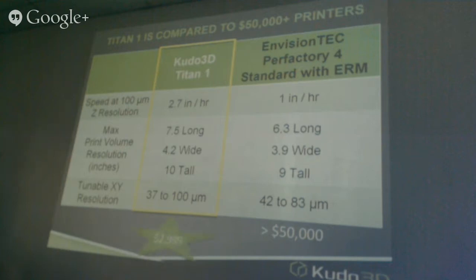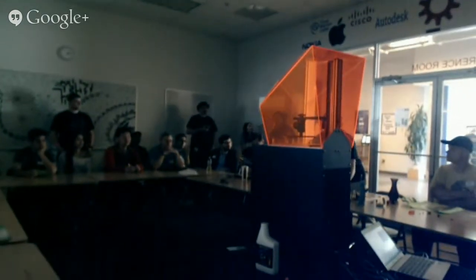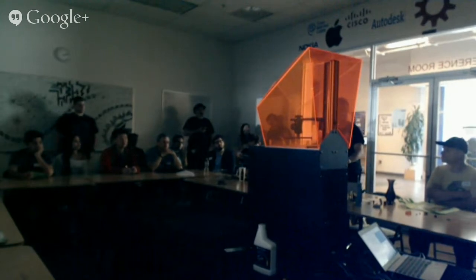One of the key value propositions there is the fact that you can tune it between 37 and 100 pixels, which allows us to print large. This and also this statue here, they're both printed with 100 micron XY. And we can also tune it to print really small. So jewelry, these miniatures I have a hard time looking at without a magnifying glass.